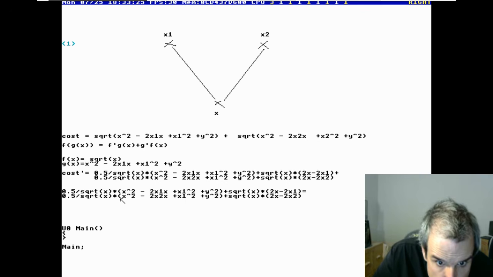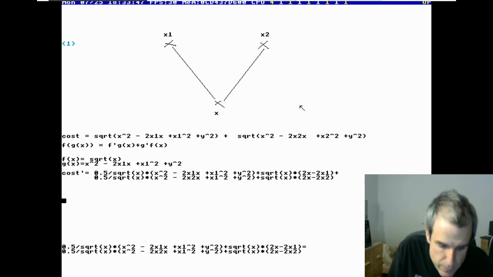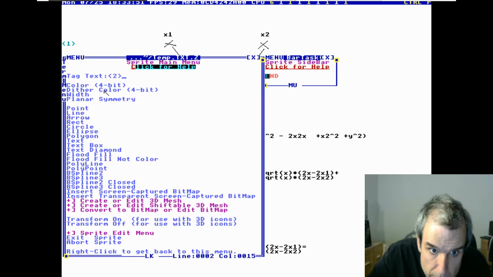Why would it blow up? The derivative of the cost. Okay, what we're looking at is the plot of what it has to be.